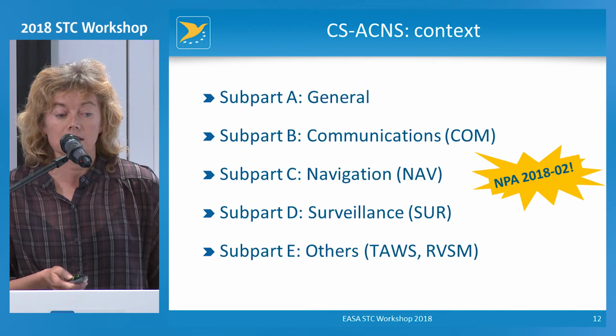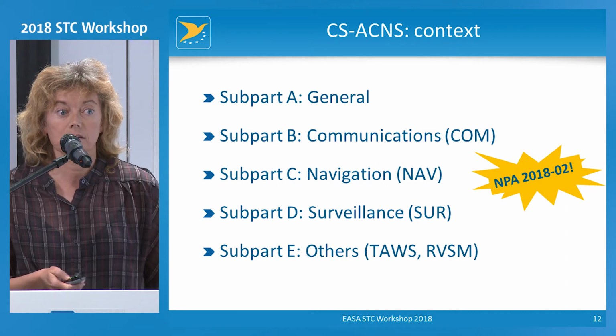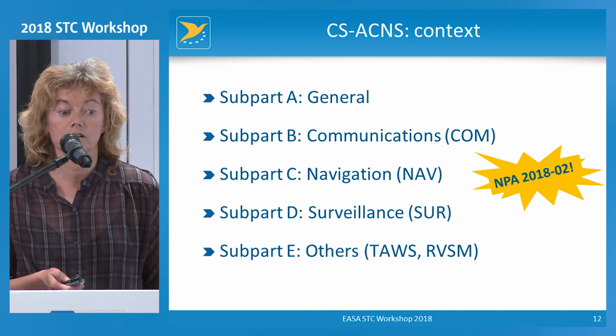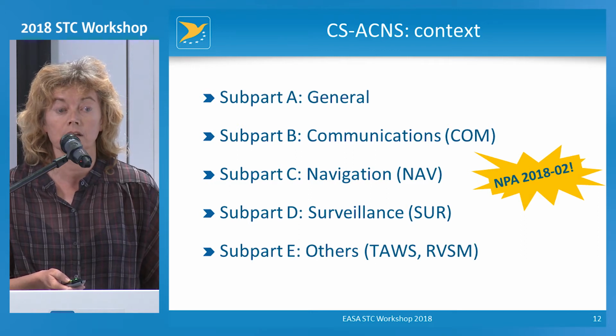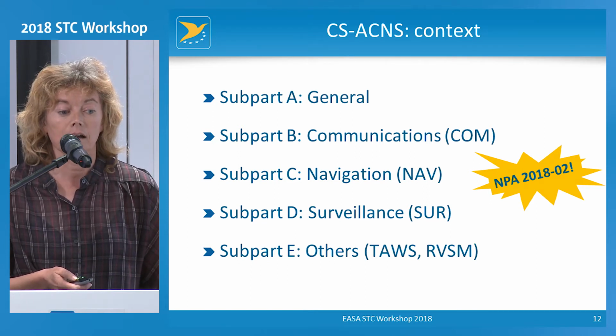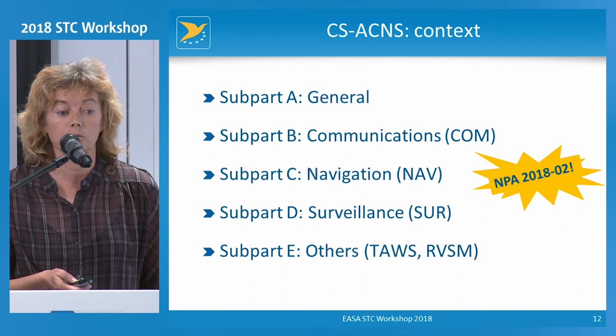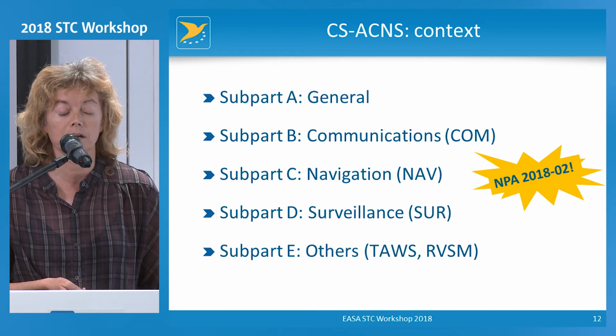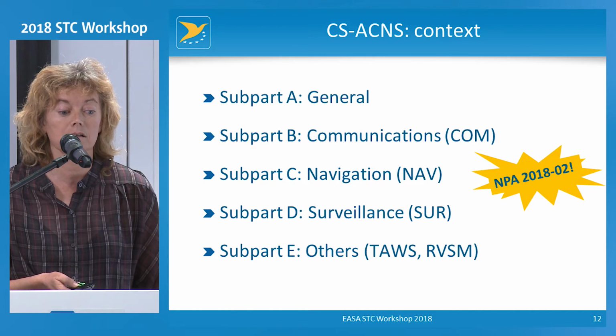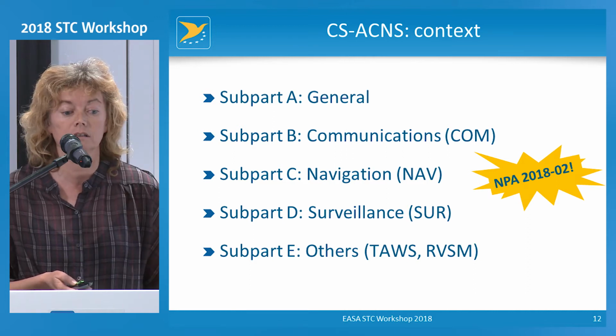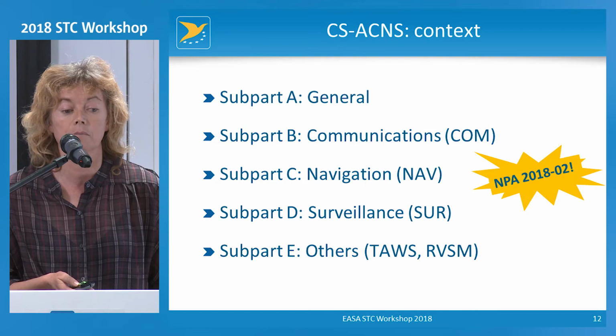So the CS ACNS was published in the past and contained a subpart C, navigation, which was empty, waiting for the development of the material to be published there. But it already contains subpart A, general, subpart B, communications, subpart D, surveillance, and subpart E, others, which today contains TAS and RBSM.